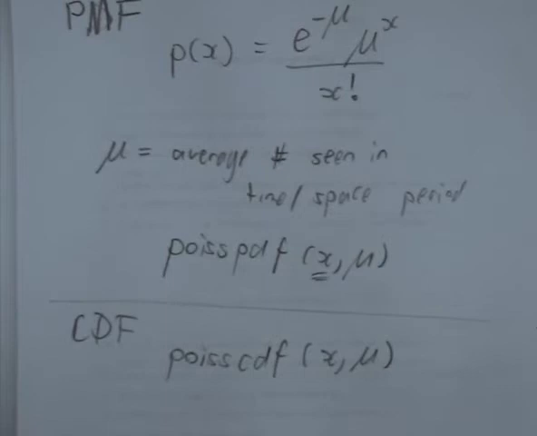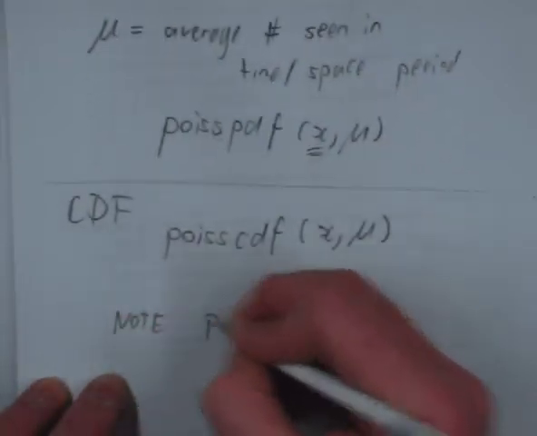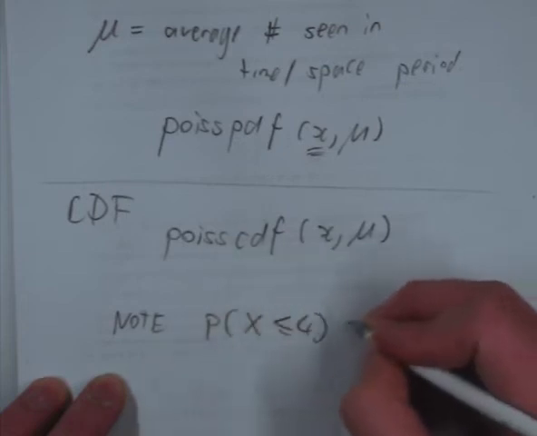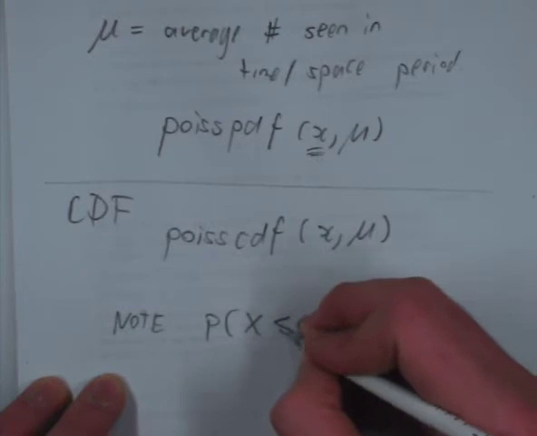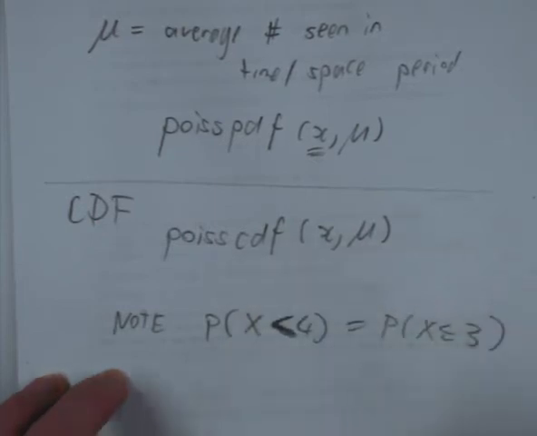Now, it's worth pointing out that this is still one of those situations where less than or equal to is different to less than. So, note the probability that x is less than or equal to 4 is the same as the probability, strictly less than 4 is the same as the probability that it's less than or equal to 3.